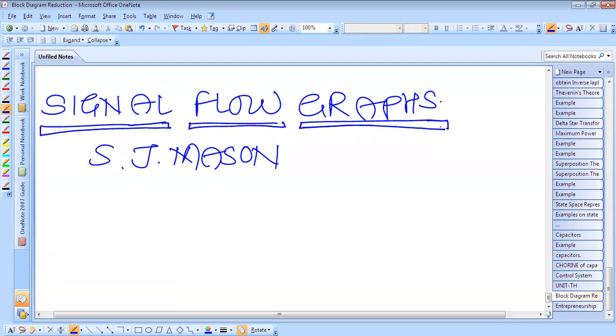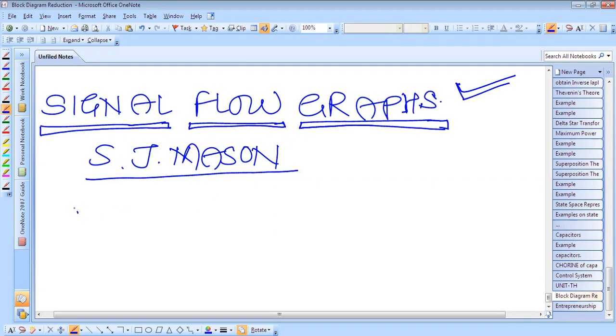But whenever the block diagrams are very complicated, it becomes tedious to use the block diagram reduction rules, and therefore it is necessary to go for the signal flow graph, and we use the formula which was developed by S.J. Mason. So what is the signal flow graph?